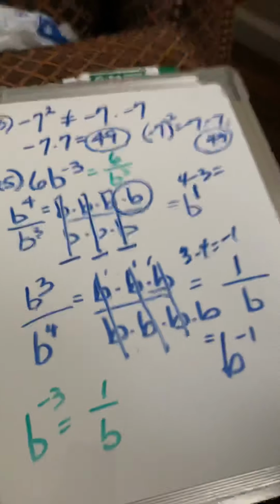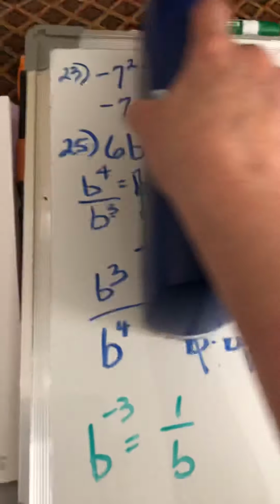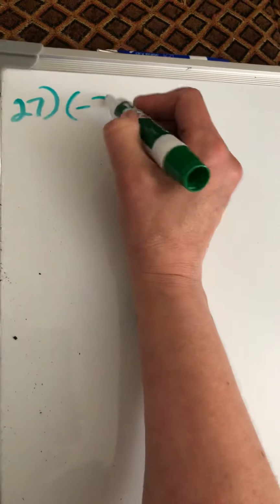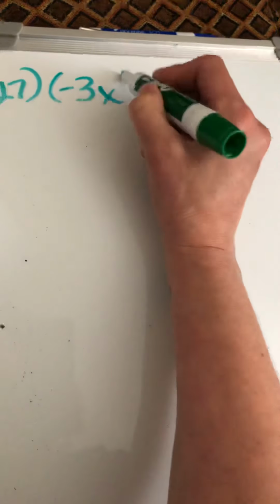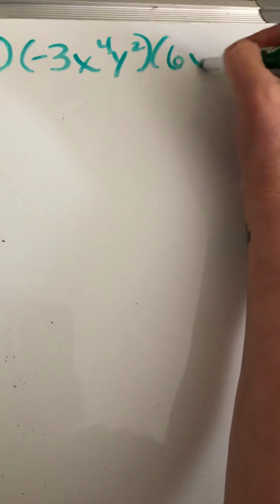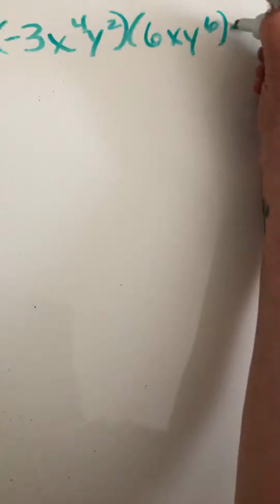Now we go to 27. It's negative 3x to the 4th y squared times 6xy to the 6th. Okay.